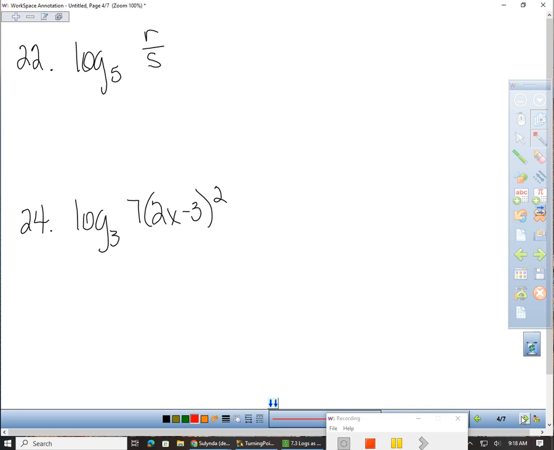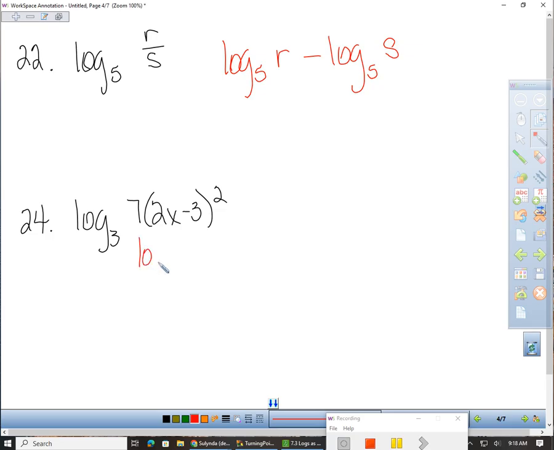Number 22, again, in the log world, when we divide, we really subtract. So this is log base 5 of r minus log base 5 of s. Now the next one gets a little bit trickier. Again, the two of these are multiplied by each other, and I think we did one similar to this in the notes.